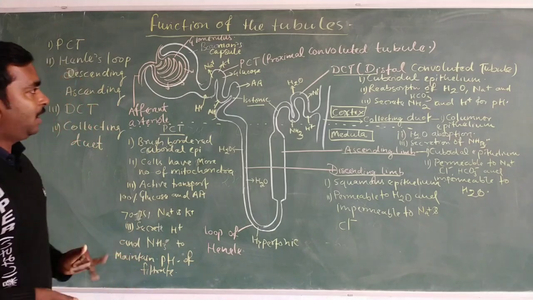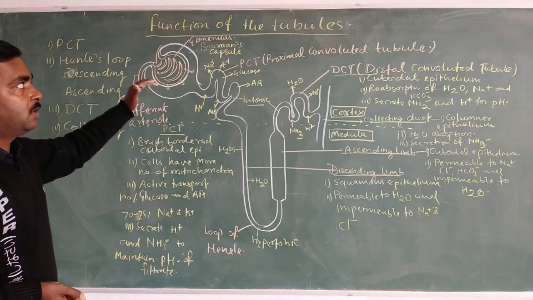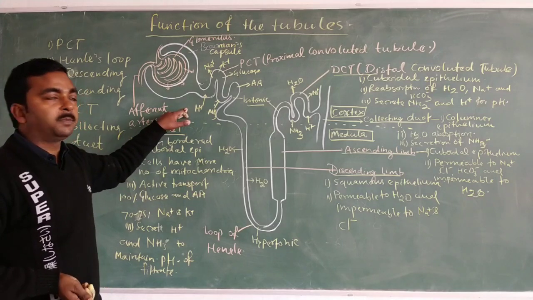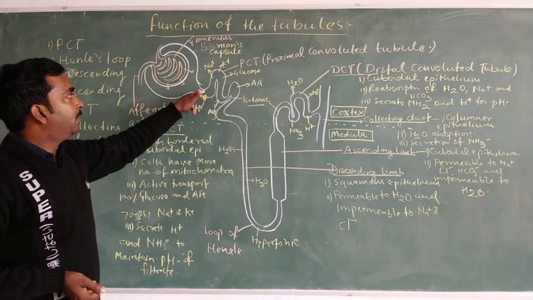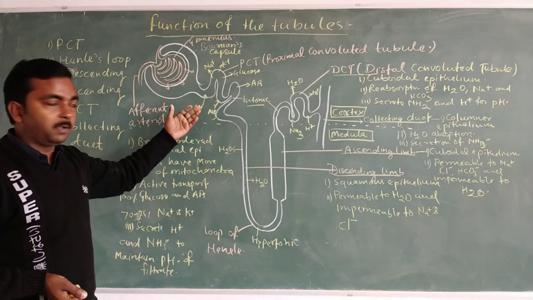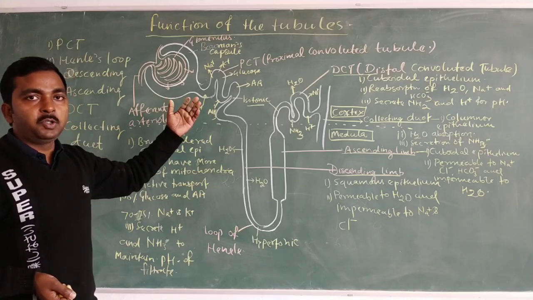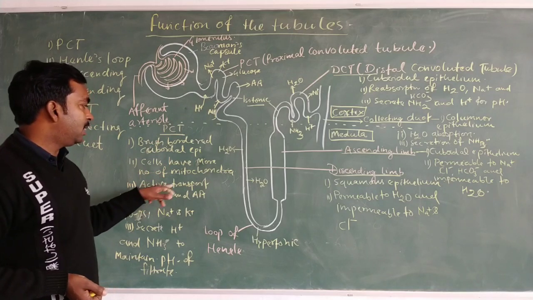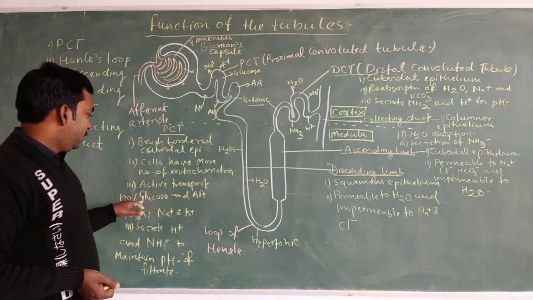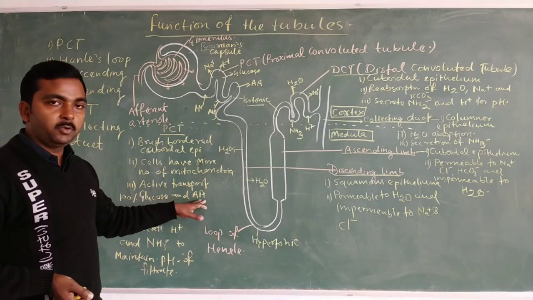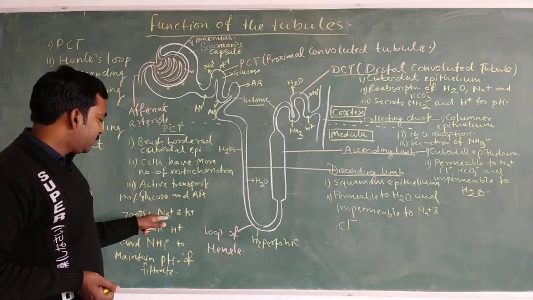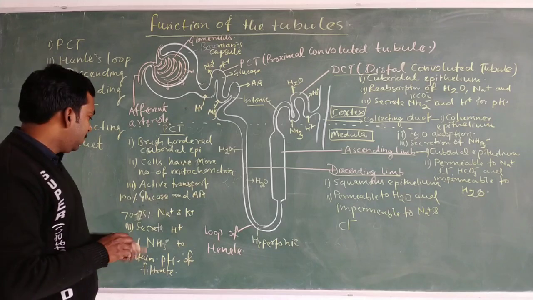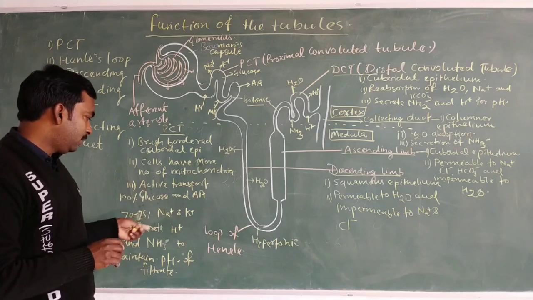So this is all representing the function of tubules during the process of urine formation. In the PCT region, most of the substances, most of the nutrients get reabsorbed by active transport, which involves glucose and amino acid, along with the sodium and potassium ion, that is electrolytes, also reabsorbed about 70 to 75%.